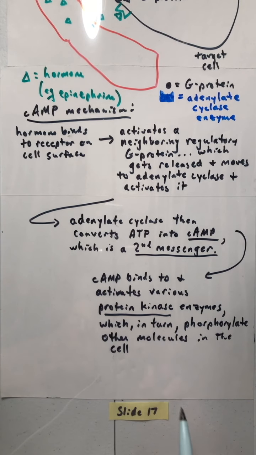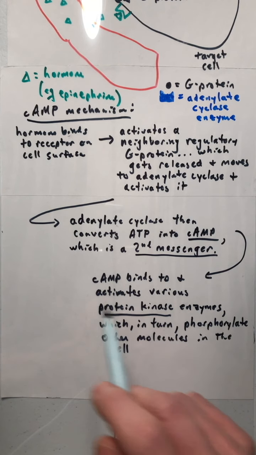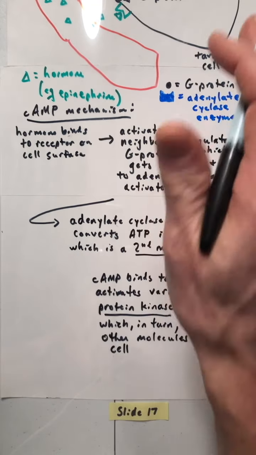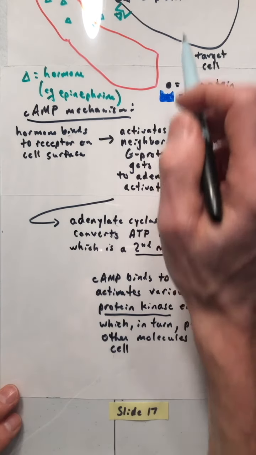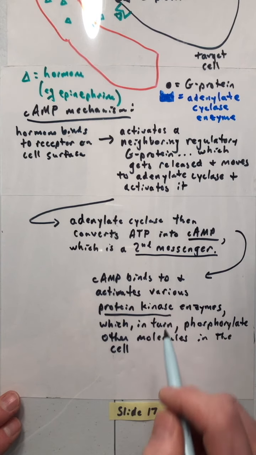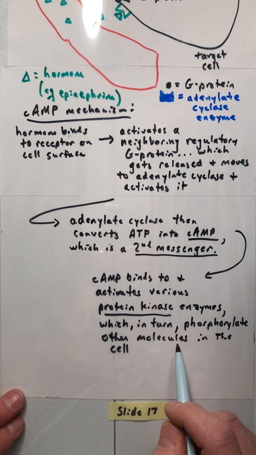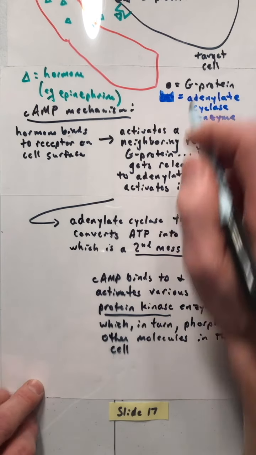One target tissue might have a certain set of protein kinase enzymes ready to go that can phosphorylate some other type of protein. Another target tissue might have protein kinase enzymes that can phosphorylate still other proteins. So in other words, the generic way that this happens is via cyclic AMP, but which particular protein kinases and which particular phosphorylated molecules develop depends on the target tissue.